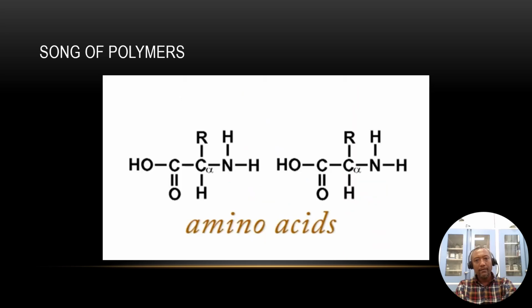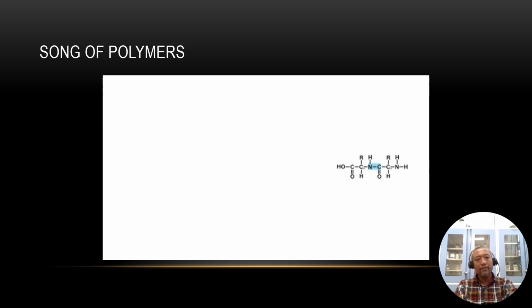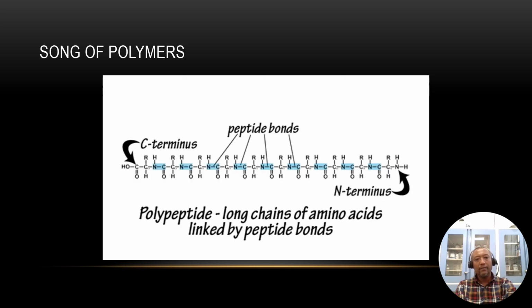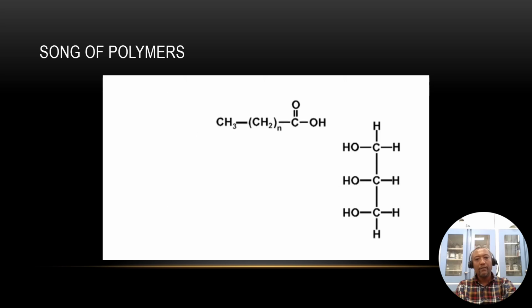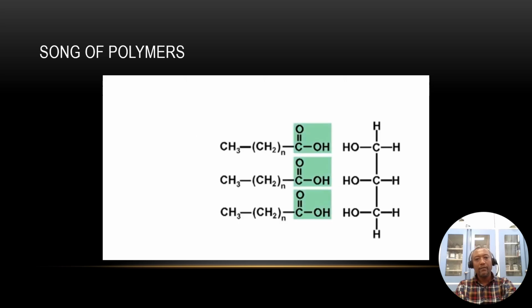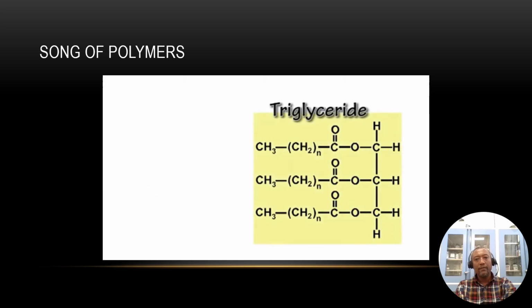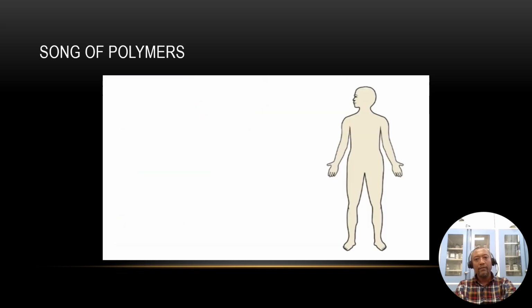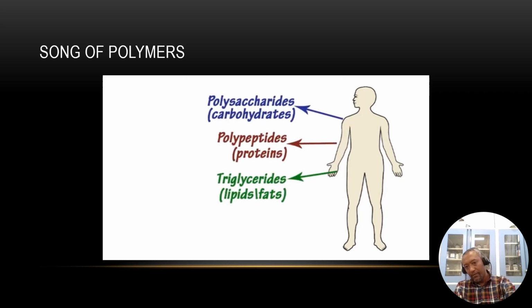Polypeptides are proteins manufactured from amino acids joined together with peptide bonds. Fatty acids react with glycerol, forming triglycerides which are insoluble.